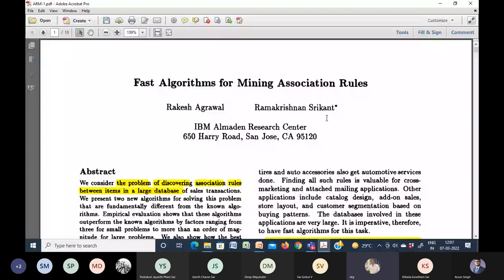In other words, whatever items individual customers are buying are recorded in a very standardized way. The barcode will have not only the item description but a lot of other things.